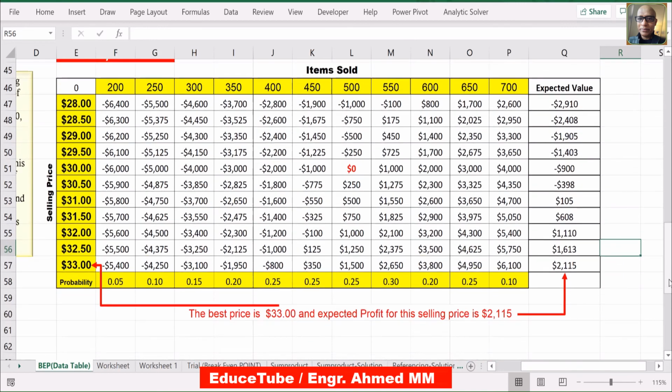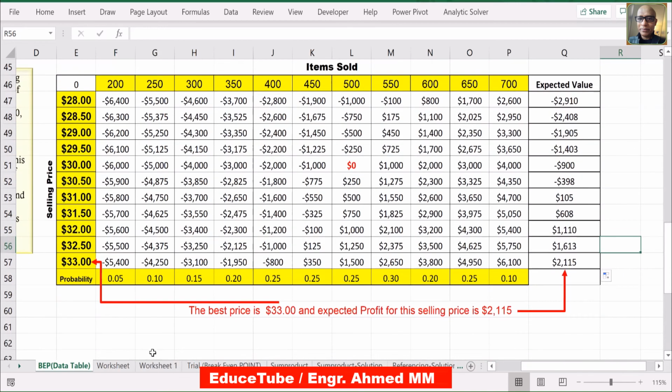We are finding that the best price is 33, because here, look at this, is the expected value, maximum value 2115. So against this row it is 33, so we can write that the best price is $33 and the expected profit for this selling price is $2115.